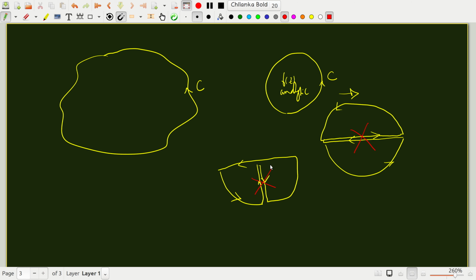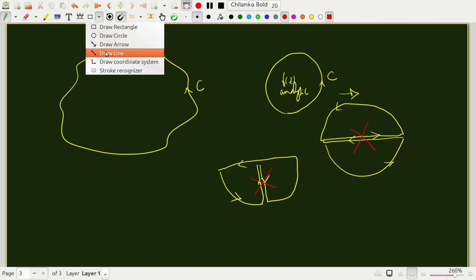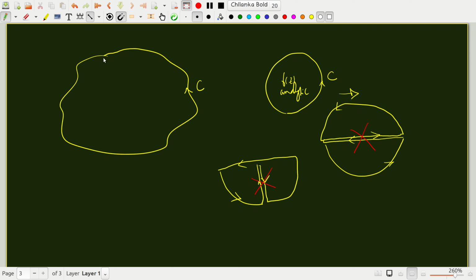So I can keep on chopping these intervals as much as I want. So essentially what I'm saying therefore is, if I have an arbitrary contour like this, right, so I can now chop this into several intervals.